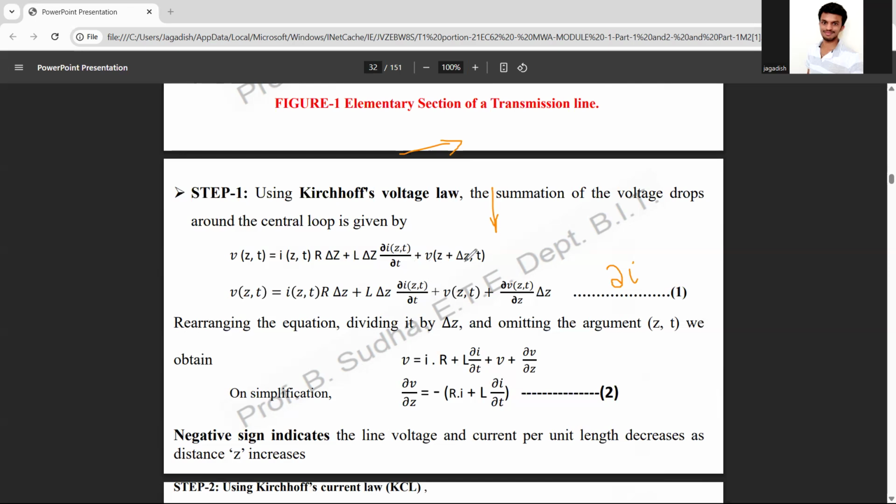This is the summation. I will use the differentiation rule and expand it, because two terms are in the bracket. That expansion gives v of z comma t plus dou v by dou z of z comma t into delta z, because it's partial.